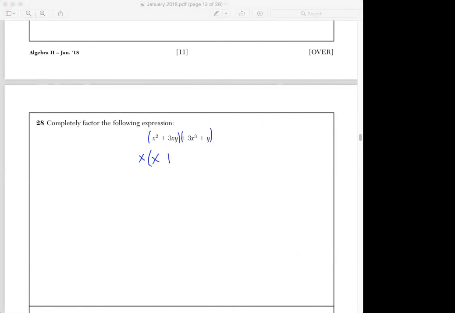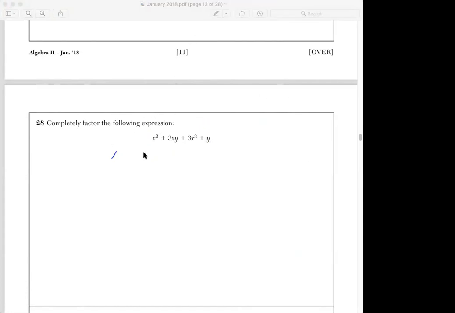Let's put the y's together. So this could be x squared plus 3x to the third plus y plus 3xy.